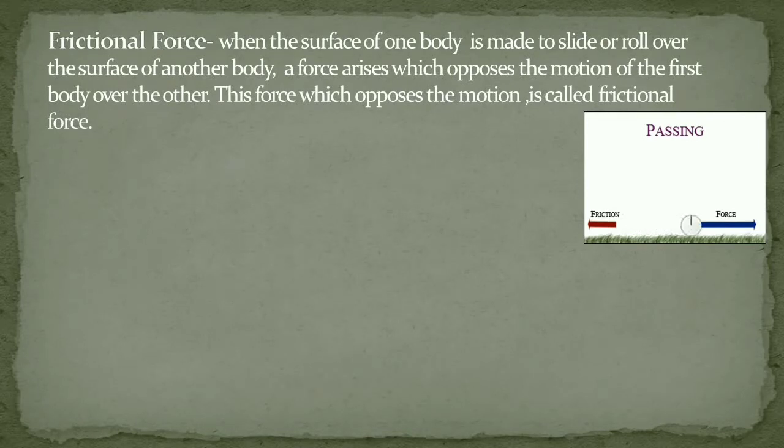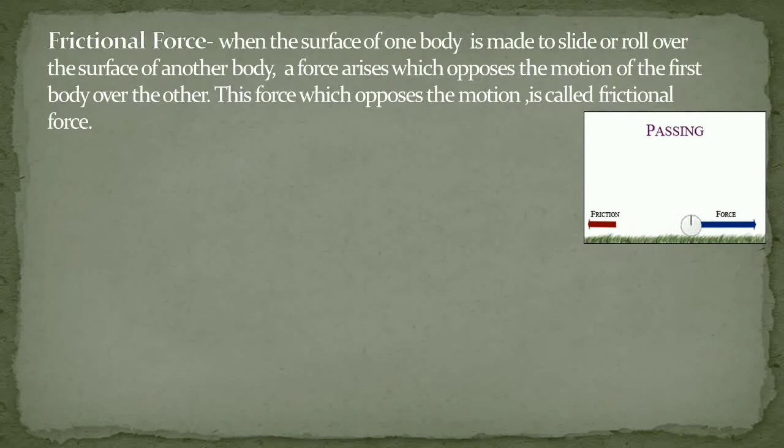Force of friction comes into action only when one body tries to move over another body in contact. Otherwise, this force does not come into existence. So, when the surface of one body is made to slide or roll over the surface of another body, a force arises which opposes the motion of the first body over the other.